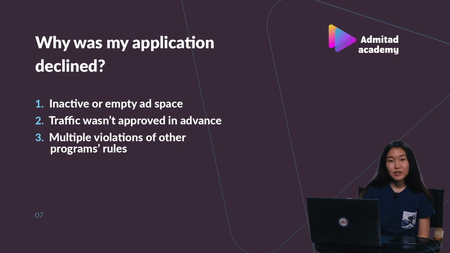And even if you did this, we can refuse to connect you to the program if you violated the rules of other Admitad programs. We can open the publisher's profile, and if we see a lot of tickets from other managers complaining that this publisher is brand bidding, we are not going to let you join the program.